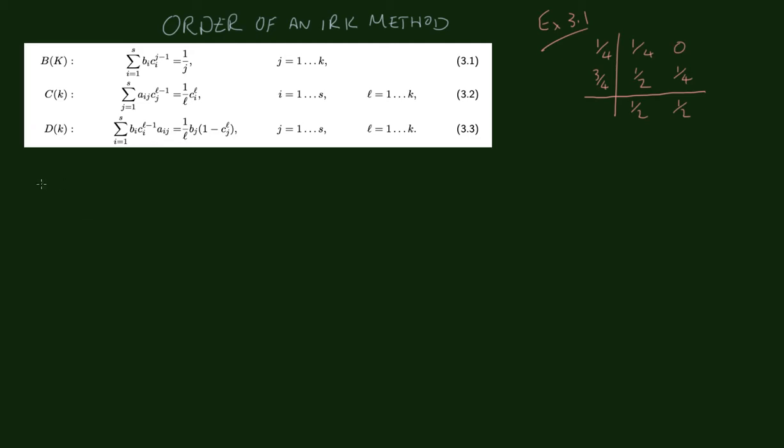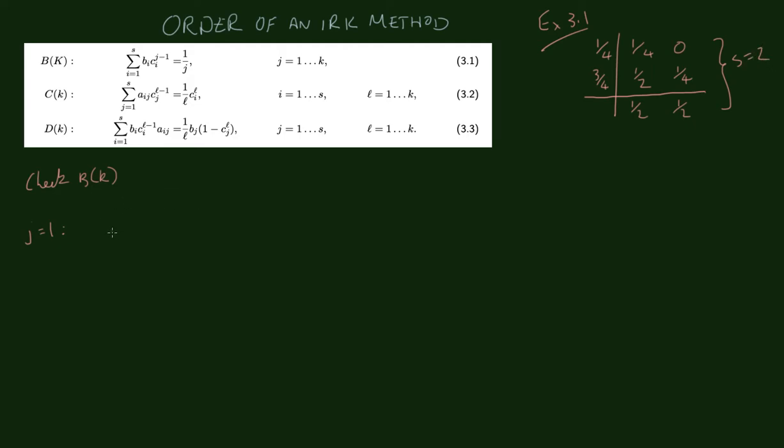Okay, so what we're going to do is we're going to first check B(k), and essentially what we do is we increase the value of j here until we no longer have the left hand side equal right hand side. So first check for j = 1. So if I expand this summation, we have two stages, so I should note that this is a two-stage method.